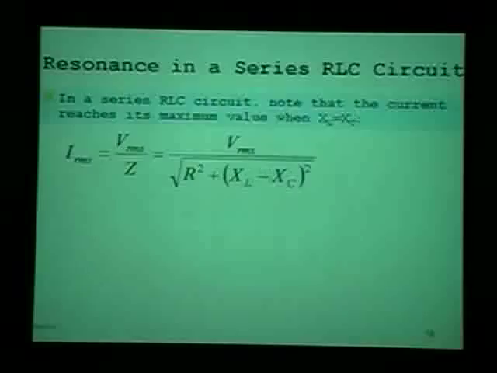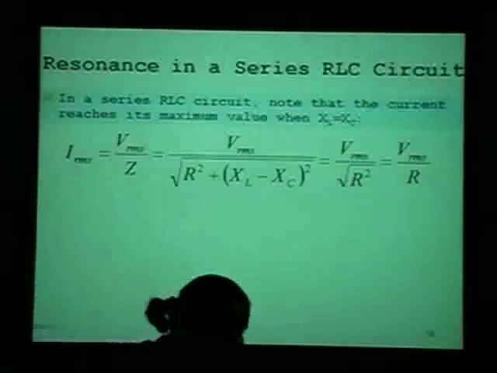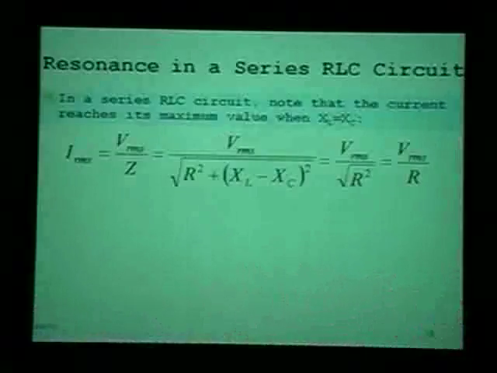Because if these two quantities were equal, then this difference would be 0, and hence your denominator would be at its least value it could possibly be, which means that the fraction of RMS voltage over that will be at its greatest value. In other words, we'll get the best possible maximum current, which is simply the RMS voltage divided by the resistance. In essence, the reactances of the capacitor and the inductor cancel out, and you would get a resonance in your current.